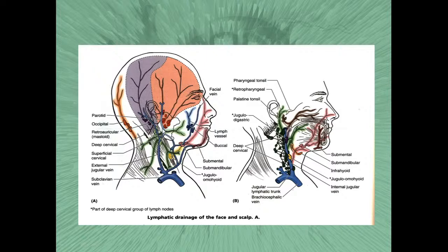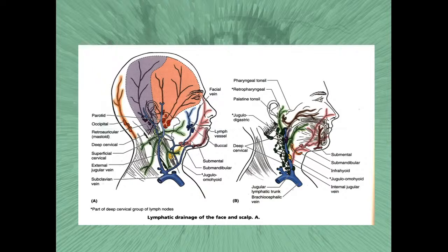Then the parotid lymph nodes, a quite big group, and you see here on this diagram the regions of lymphatic drainage are painted in different colors, and you can easily understand from which area this or that group of regional lymph nodes receives lymphatic drainage.